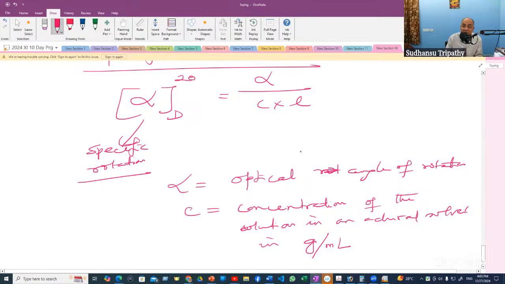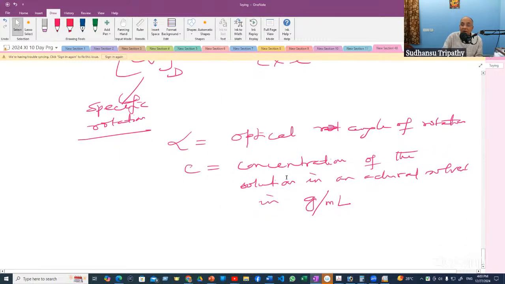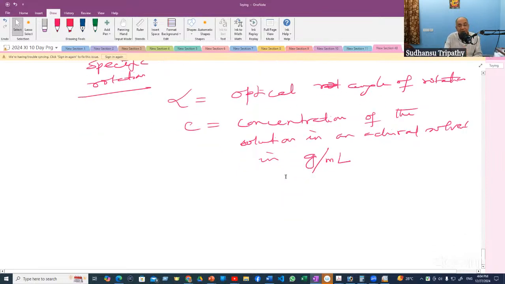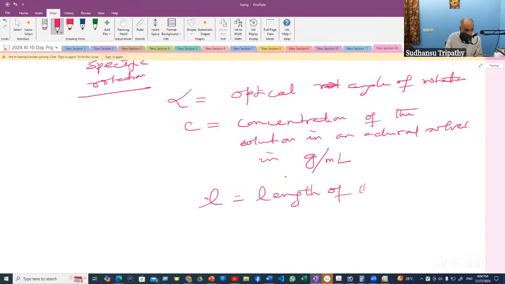That is the definition, not moles per liter or grams per 100 milliliter. That is the unit of concentration used here to find alpha specific. And l is the length of the polarimeter tube, which is a cylindrical tube.